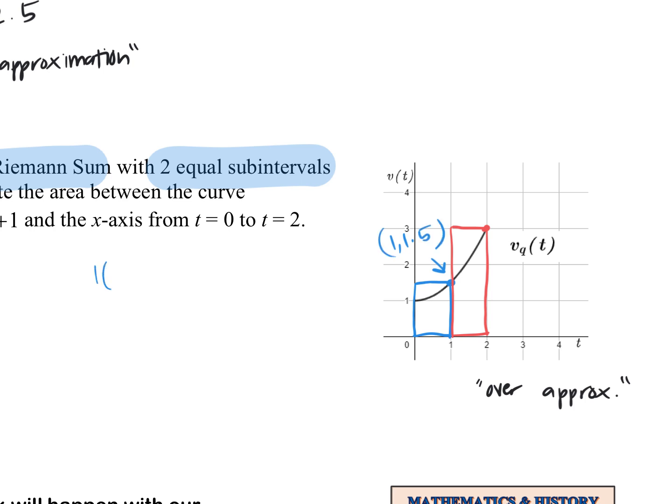So I've got 1 times 1.5 for the area of that rectangle, plus the area of my red rectangle has a width of 1 and a height. This one is a nice point as well of 3. If it was not a nice point, I could plug it back into the formula and find out what that y value would be. Add them together, we get 4.5. So again, it's still an over approximation. However, it is still an approximation of some sort, okay? So we have some sort of an idea.